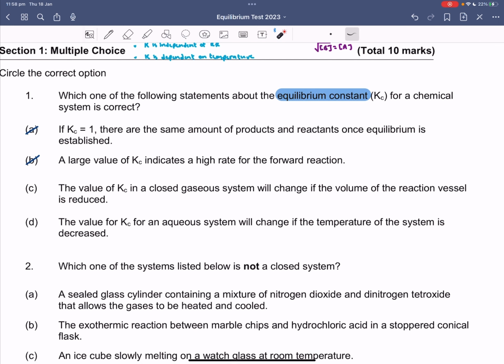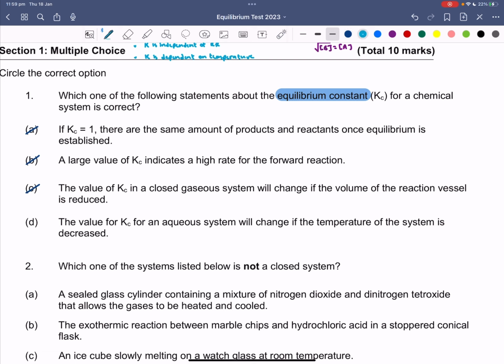Now, what did I say is the only thing that affects K? Temperature. K is only affected by temperature for a specific equation or reaction. C says the value of K will change if the volume of the reaction vessel is reduced. Now, that is not true. A change in volume will not affect the K value. Only temperature affects the K value. So C is not true.